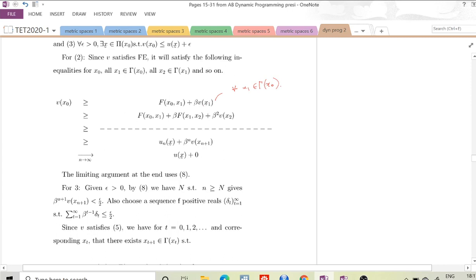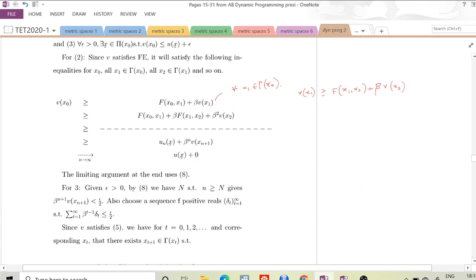Okay, so we have a V of x1 here, but because V solves the functional equation, V of x1 is greater than or equal to f of x1 x2 plus beta V of x2.